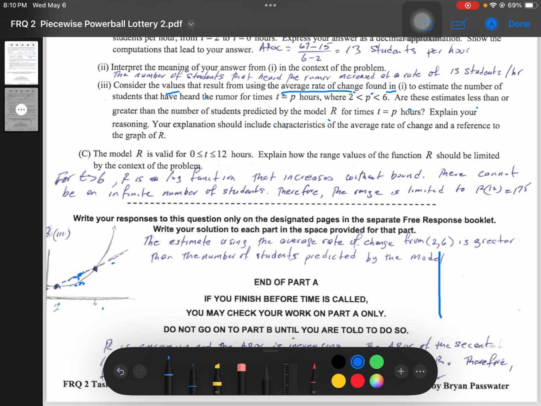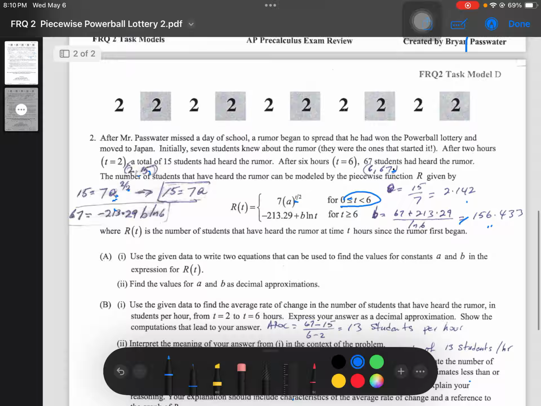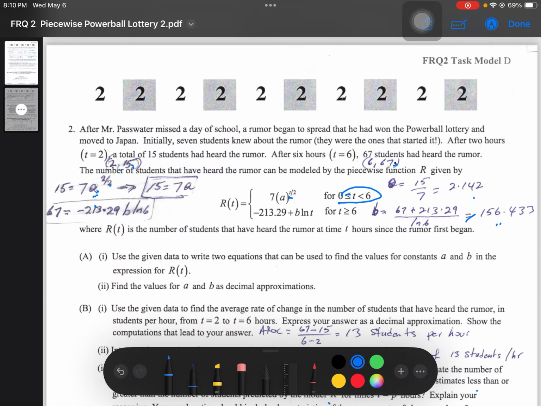And then part C asks, R is a value between 0 and 12. Explain how the range of values of the function R should be limited. I can't show you on my iPad right now, but I graphed this function right here in Desmos.